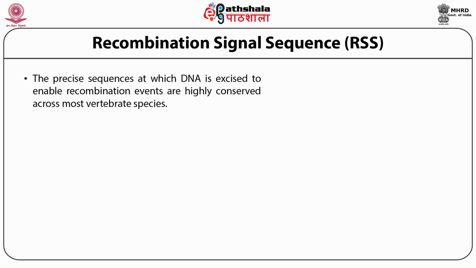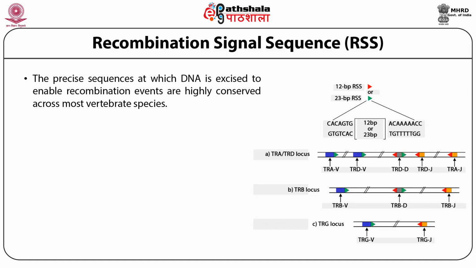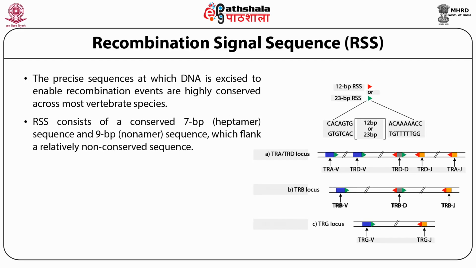Further, these sequences are similar between TR and immunoglobulin loci. These sequences are known as recombination signal sequences or RSS. As shown in the figure, an RSS consists of a conserved 7 base pair or heptamer sequence and a 9 base pair or nonamer sequence which flank a relatively non-conserved sequence.